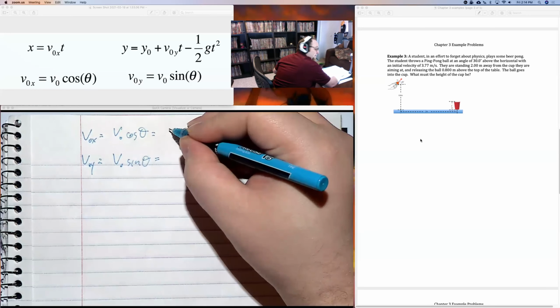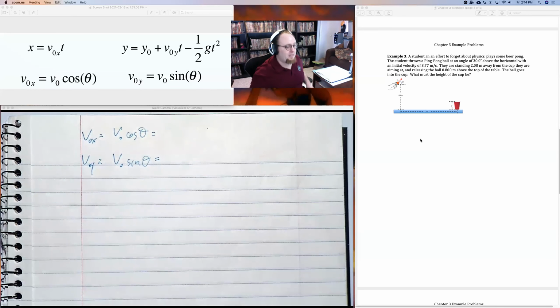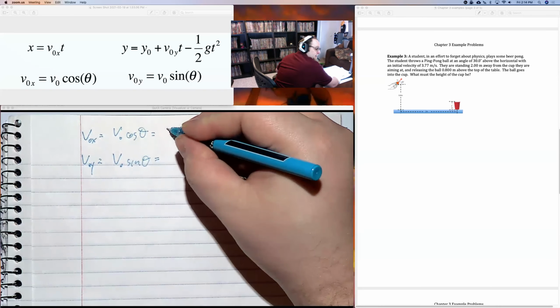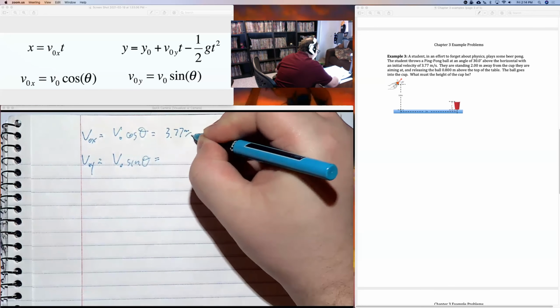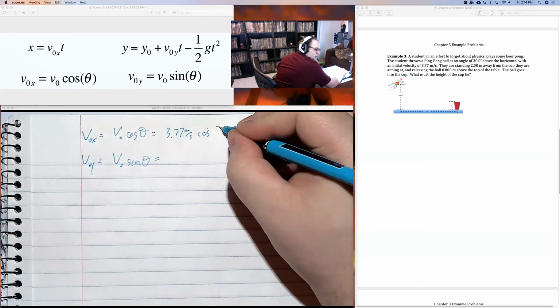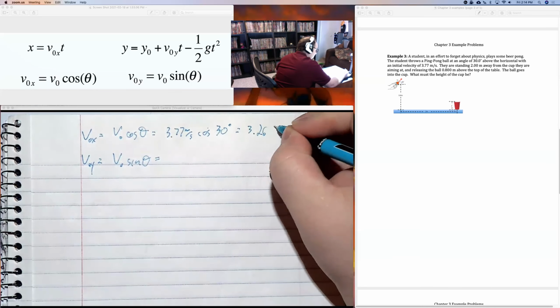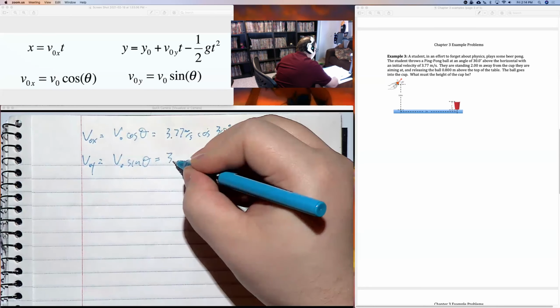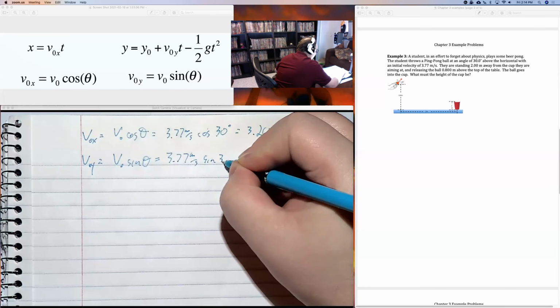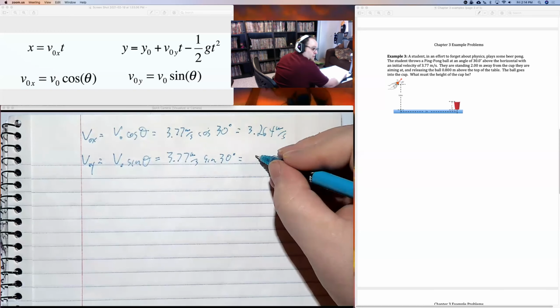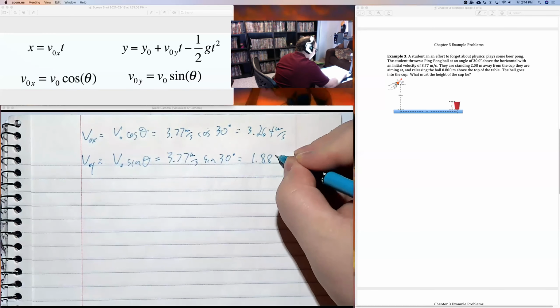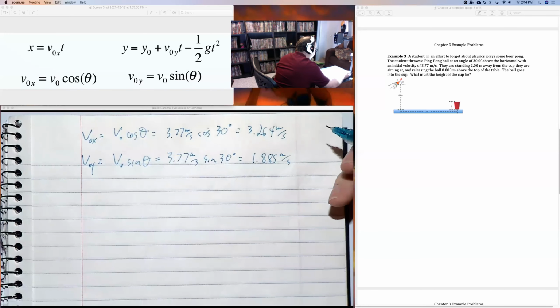So my V naught X would be 3.77 meters per second cosine of 30 degrees, which is 3.264 meters per second. And V naught Y is 3.77 meters per second sine of 30 degrees, which is 1.885 meters per second.